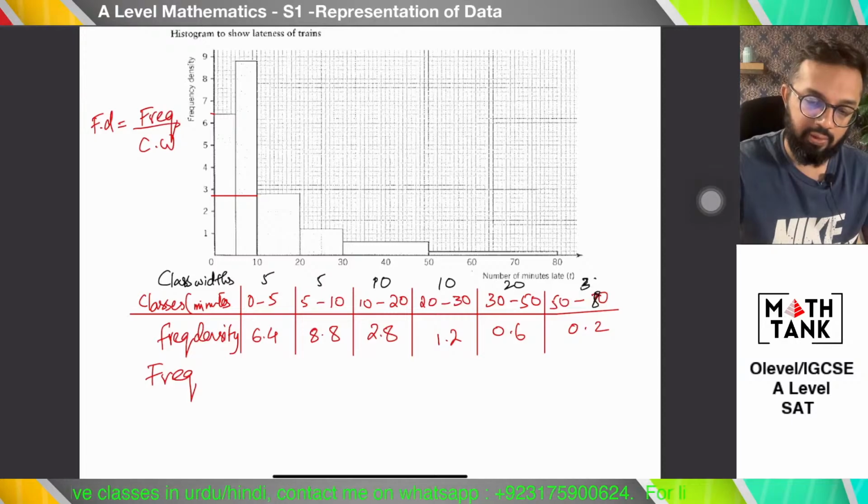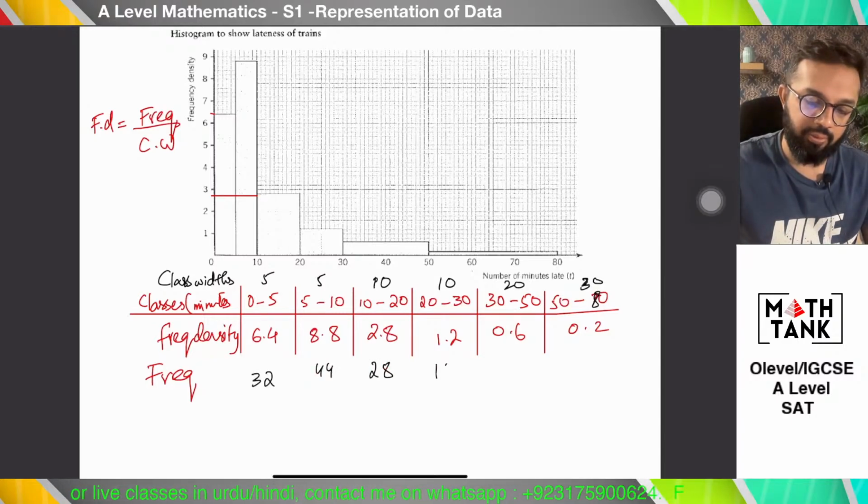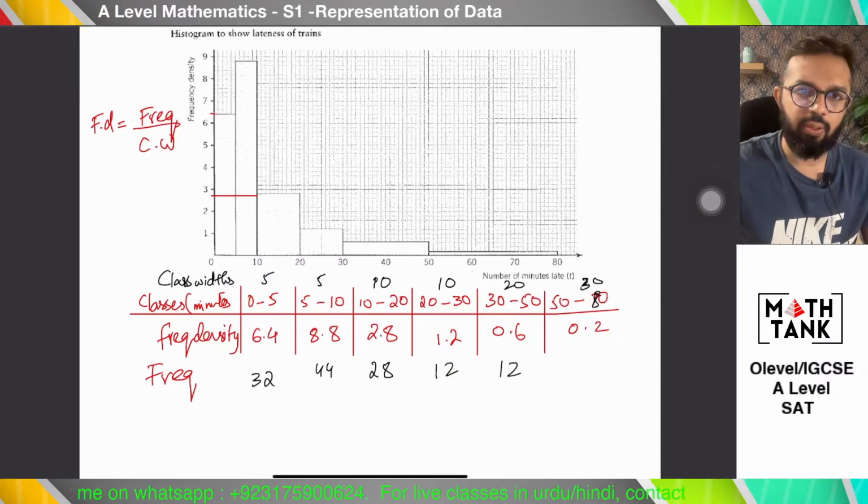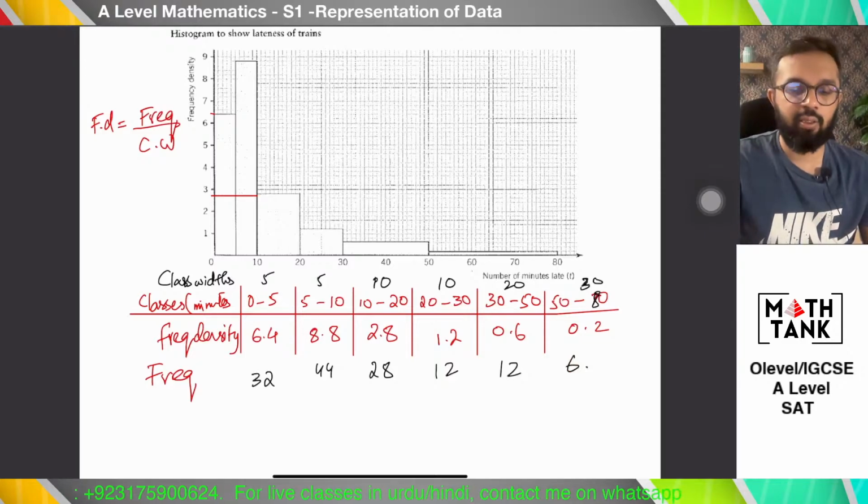Sorry, this is 50 to 80, so 30. 5 into 6.4 gives me 32, 5 into 8.8 gives me 44, 10 into 2.8 gives me 28, 10 into 1.2 gives me 12, 20 into 0.6 gives me 12 again, 30 into 0.2 gives me 6.